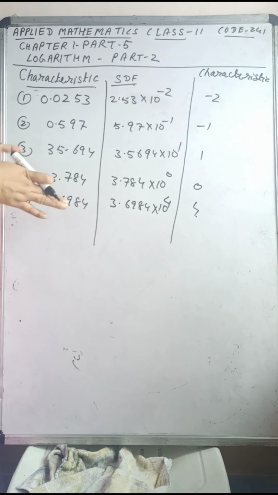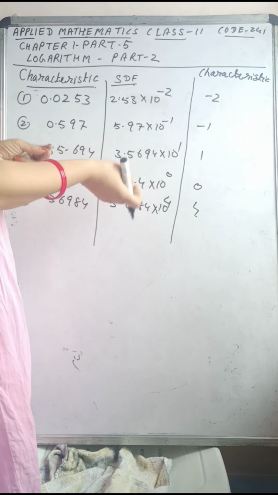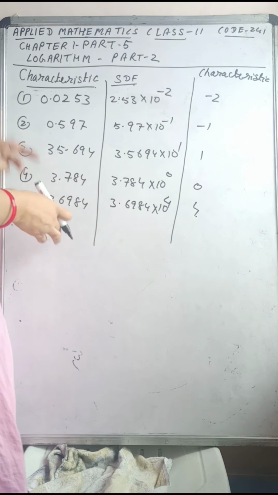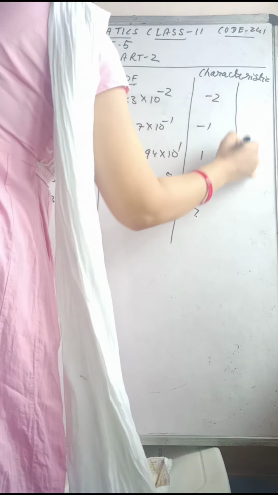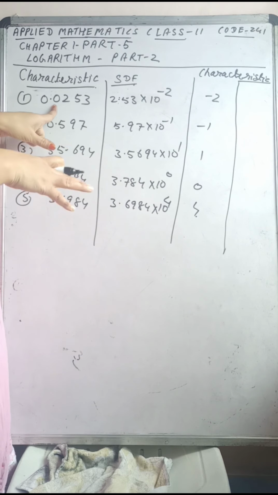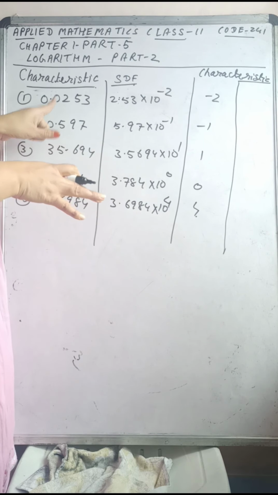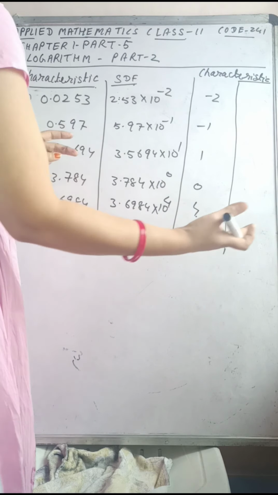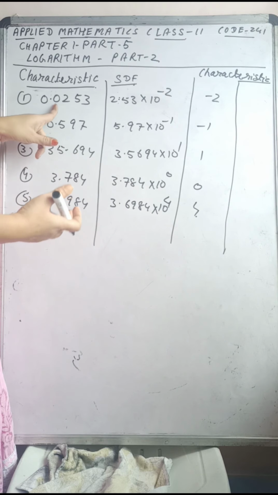Okay. So by the standard form method, meaning expressing the number in scientific form, we have calculated the characteristic. Now by direct inspection, over here this is a number less than 1, so we will find the number of zeros between the decimal and the first non-zero digit. It is 1, 1, 0.